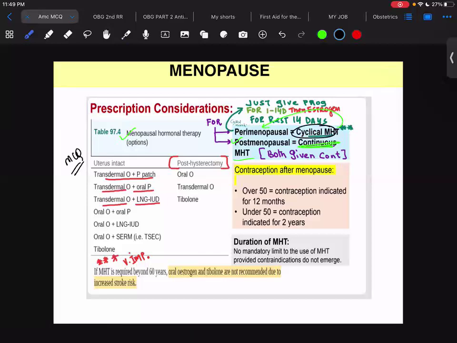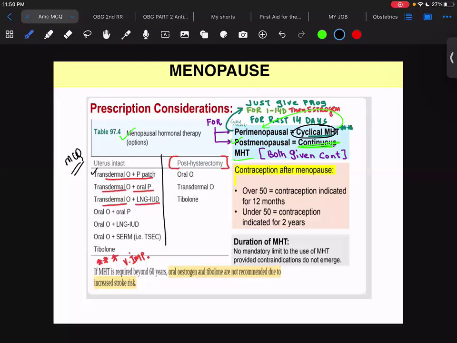This table is used by the AMC, and they usually ask a question about the MHT from this very table. They say that if there is a patient who is having uterus intact, we can go for the transdermal estrogen plus progesterone patch. Those with the uterus intact don't have to consider oral treatments.